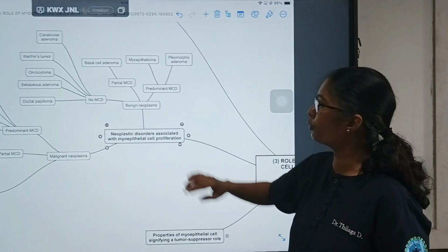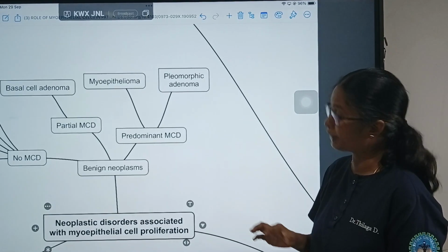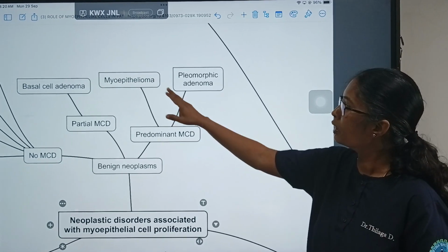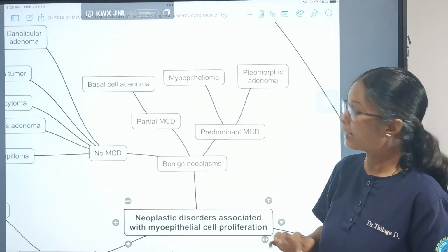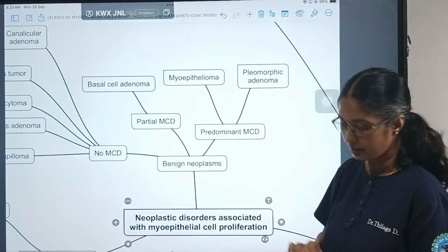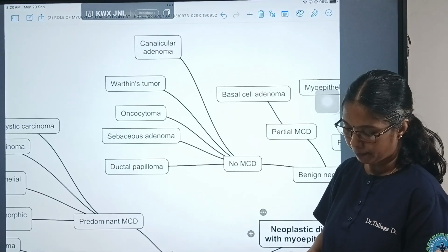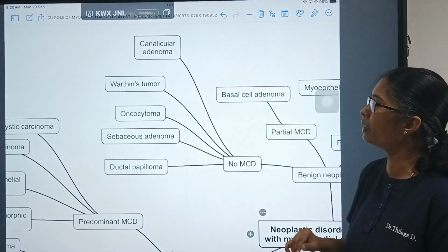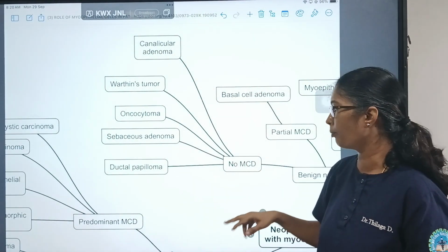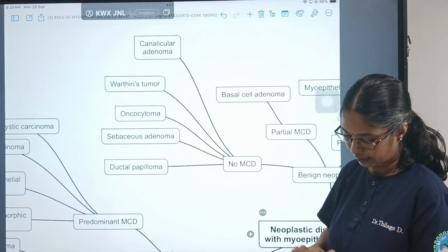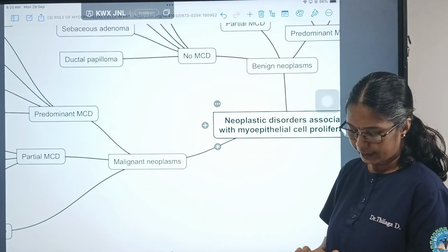In benign neoplasms, the predominant myoepithelial cell differentiated types are myoepithelioma and pleomorphic adenoma. Partial differentiation happens in basal cell adenoma, and no differentiation happens in canalicular adenoma, Warthin's tumor, oncocytoma, sebaceous adenoma, and ductal papilloma. These are the benign variants of the myoepithelial neoplasm.